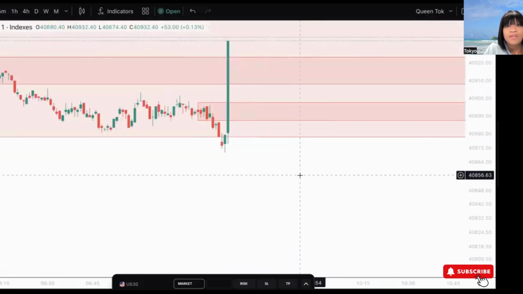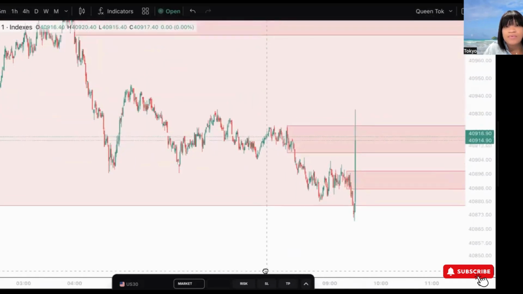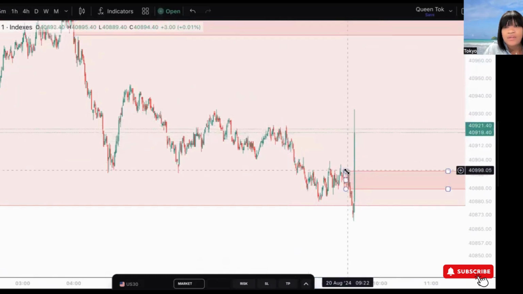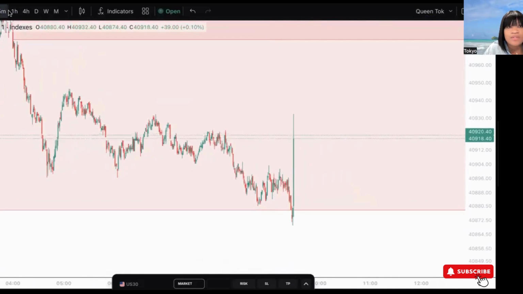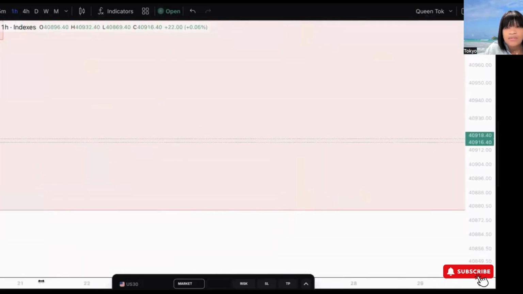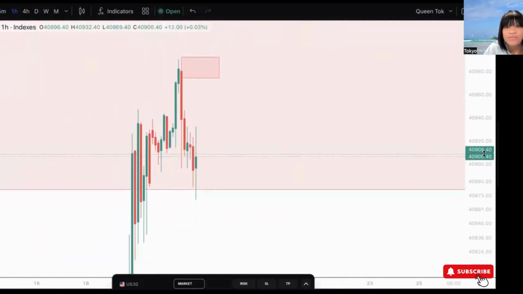Okay, we're pushing up. We're pushing up, guys. Remember, I have that higher area. These are internal. Gonna go ahead and remove those. Let's go to the higher time frame. Take a look. Looks like some alerts went off.